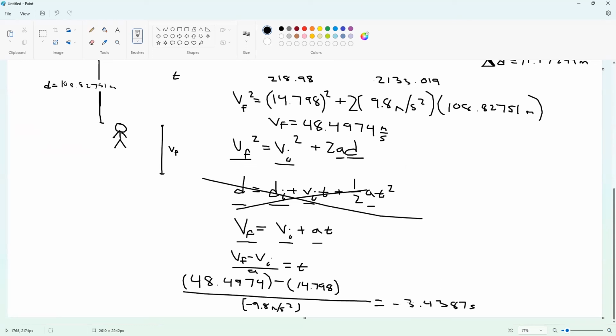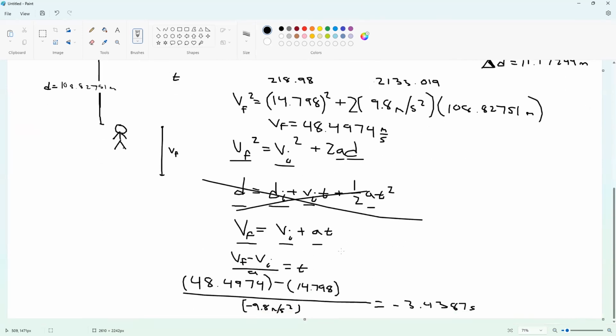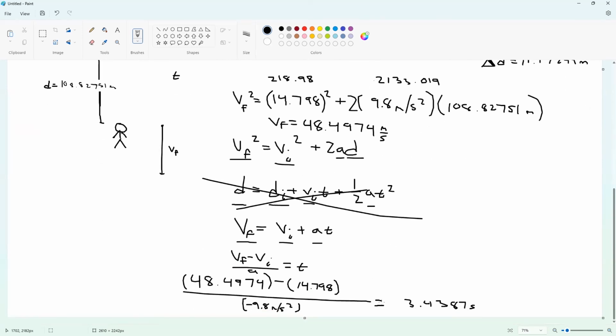So in other words, this rock will take negative 3.4387 seconds to reach this guy's head, which doesn't make any sense considering this guy's name is probably not Tenet. So gravity is going to be, in this context, positive, or you can just take the absolute value of it. Just make sure when you're plugging in stuff, your answers make sense, that your values make sense.